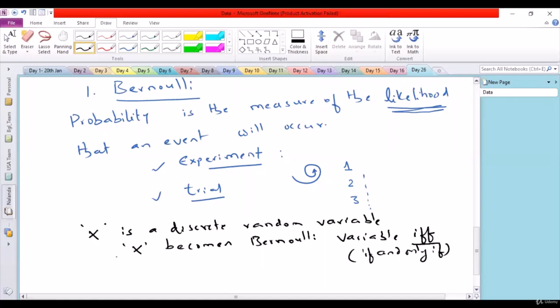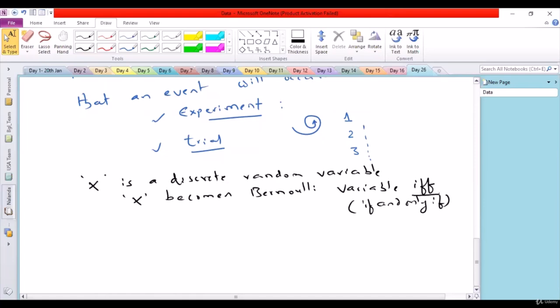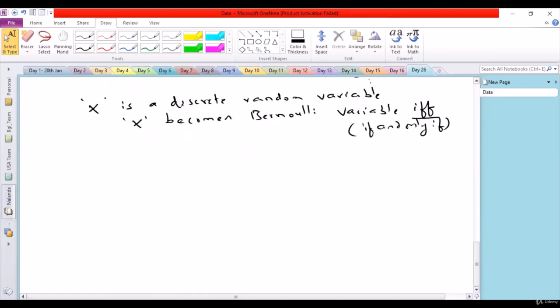There are three conditions that have to be satisfied. What are those three conditions? Let me write them down. Condition one: X takes values zero or one, no in-between values.